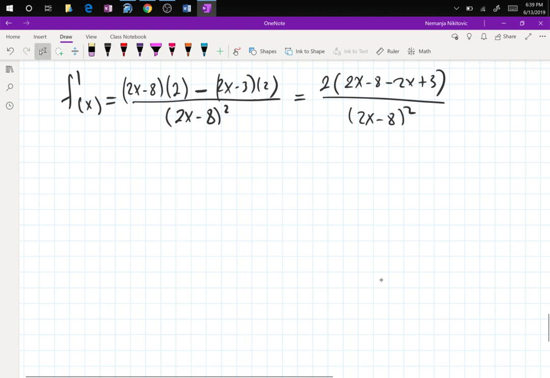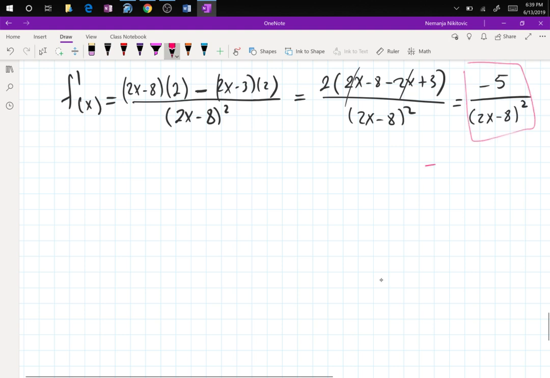So now 2x and 2x cancel, and you get negative 5 over 2x minus 8 squared. That's the first derivative, and I like it because it's nice and simple and short.